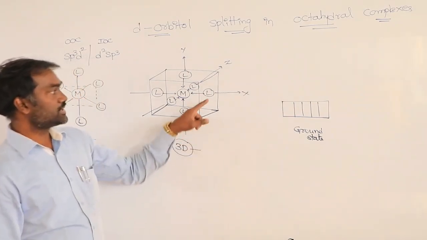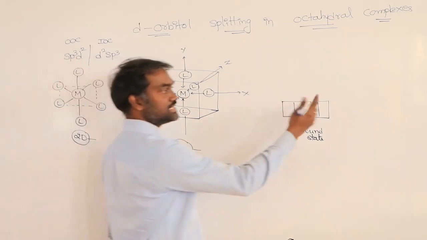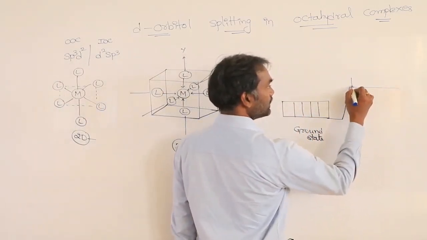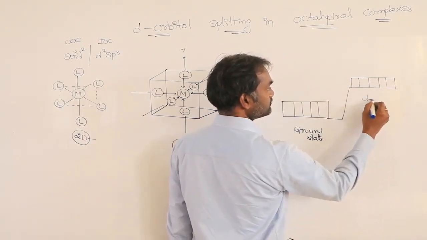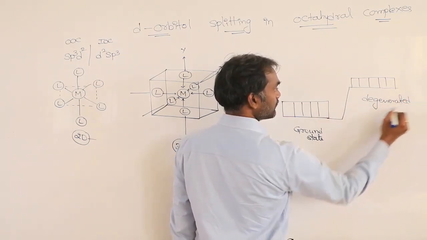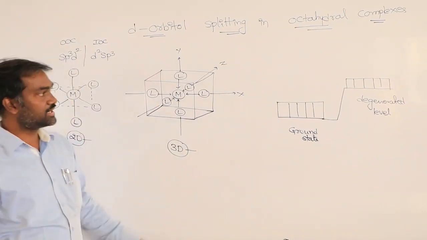Now the ligands come close to the metal, then these 5 orbitals are excited, and they occupy a degenerate level.